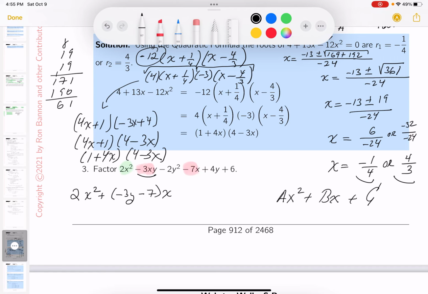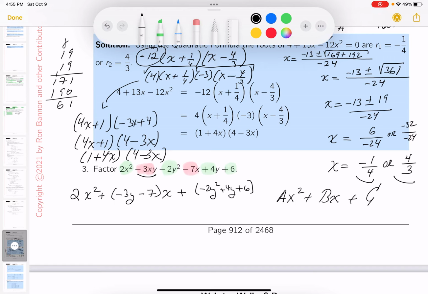Now, as I do this, I want to make sure you know I got minus 3xy and minus 7x. Now, I'm going to say plus the constant terms, the terms that don't have an x in it. This one, and this one. Let me write that down for you. And that's going to be minus 2y squared, plus 4y, plus 6.